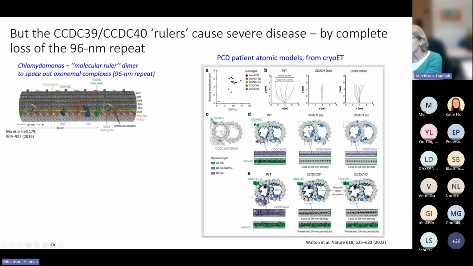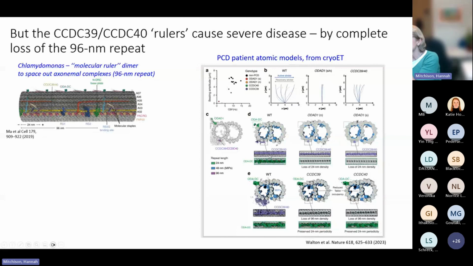So comparing a patient with an outer dynein arm defect on the top there with CCDC39 and CCDC40 patients, and where CCDC39 and 40 sit is right here all the way along the length. This is the cross section of the peripheral doublet. With ODAD1, you actually get static flickering cilia because you lost the outer dynein arm, and you can see the loss of the 24 nanometer density in these patients.